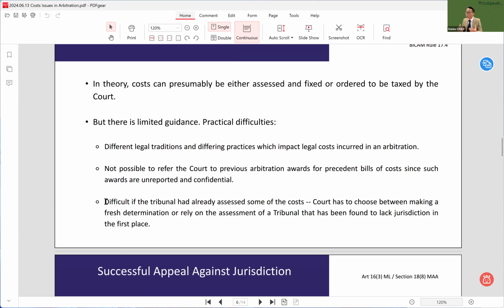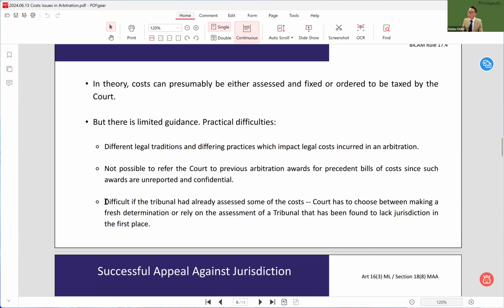Do I assess the cost of the arbitration for myself? If I were to do it, then how appropriate is it for me to impose my domestic principles in an arbitration involving international parties? I do not have precedents that I can refer to. Or can I perhaps rely on an assessment that the tribunal may have done, and most tribunals would not have done it when deciding on issues of jurisdiction?